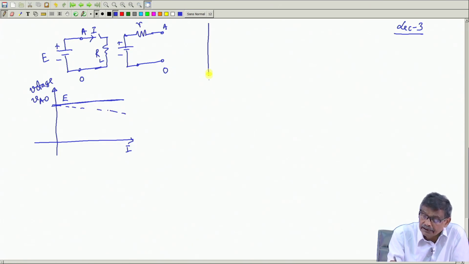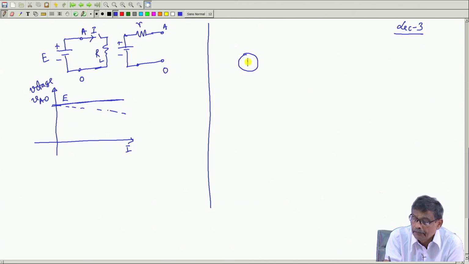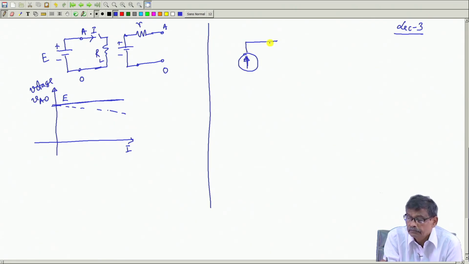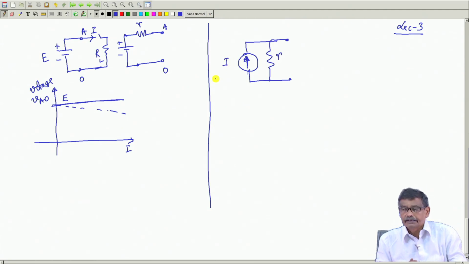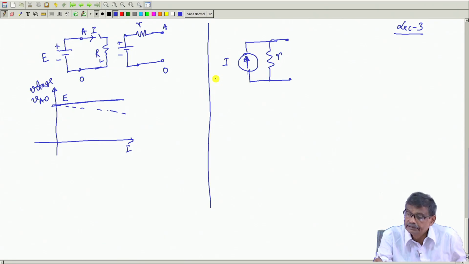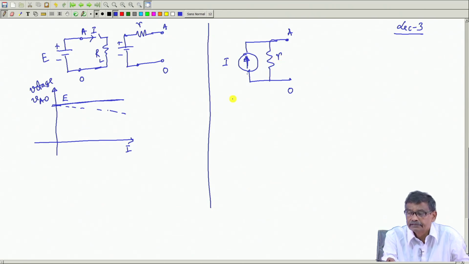Now, along the same line, we have a current source. A practical current source can be represented like this, and here is some fixed current I, and this R is said to be the internal resistance of this.